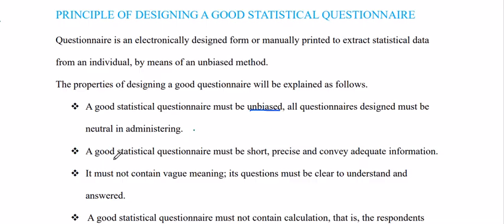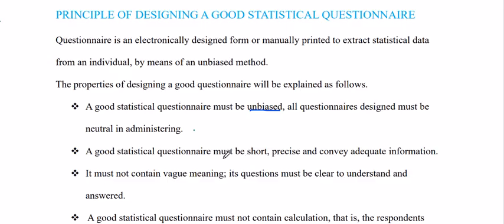Secondly, a good statistical questionnaire must be short, precise, and able to convey adequate information. A voluminous questionnaire can easily discourage the respondents from answering or completing the questionnaire because of the large volume of it.